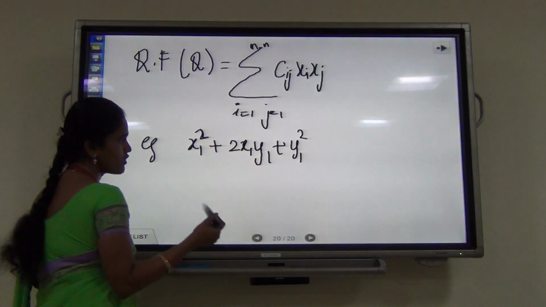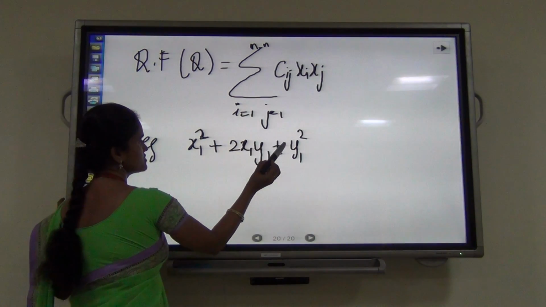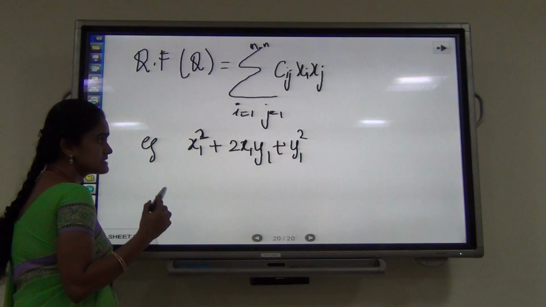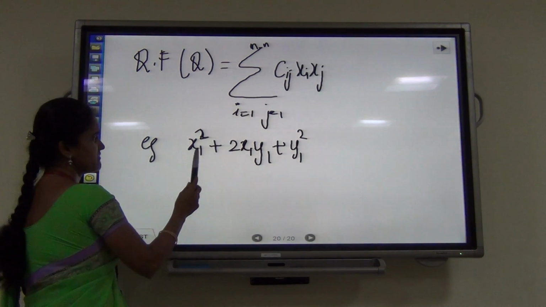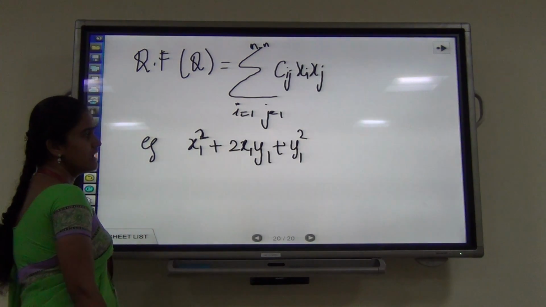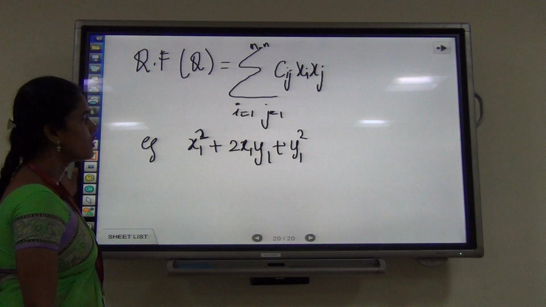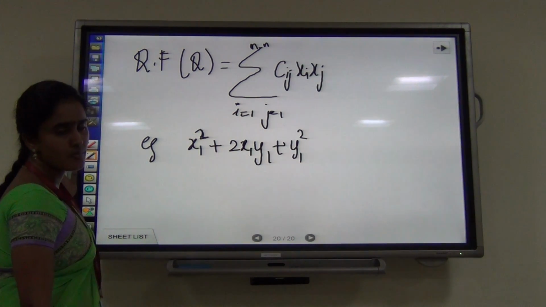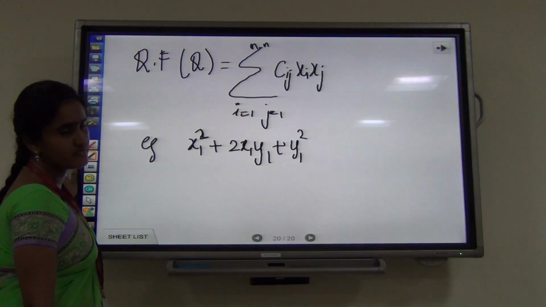It is a quadratic form in terms of two variables. x1 square has degree 2, here also degree is 2, and here also degree is 2, and it is homogeneous too, since everywhere you find the same degree, which is 2. So this type we call a quadratic form, or we define it as a homogeneous polynomial of degree 2 in any number of variables. We can also give it in 3 or 4 variables.